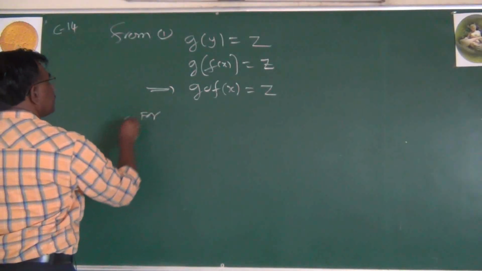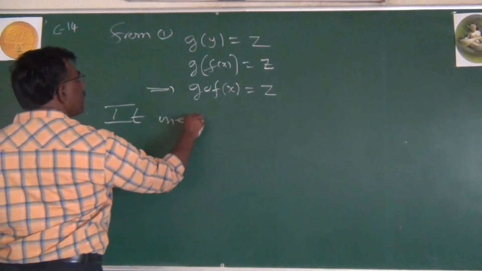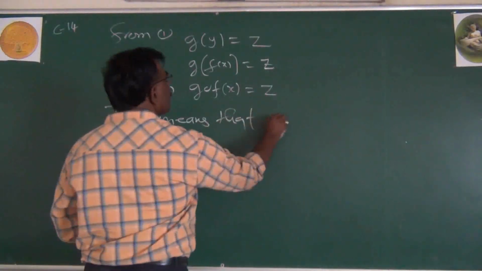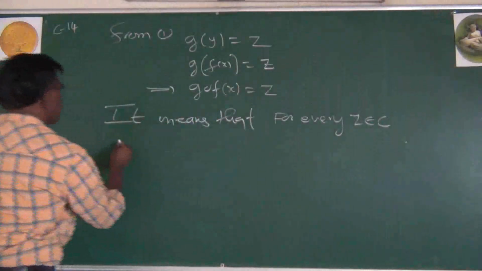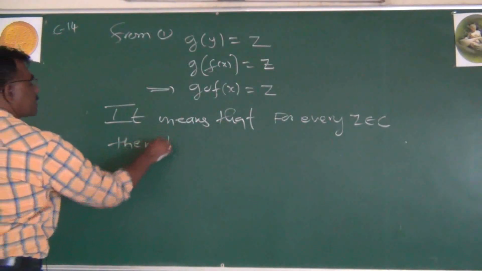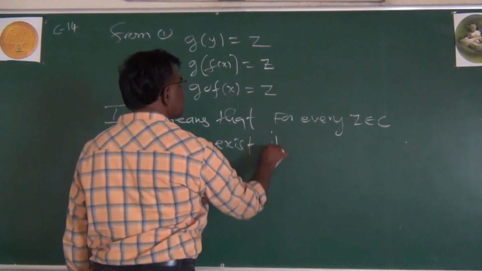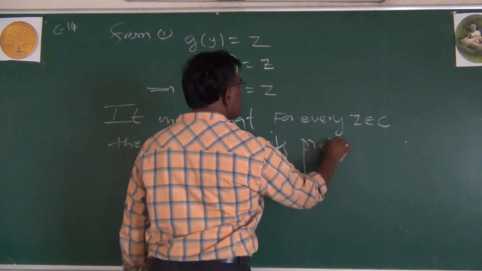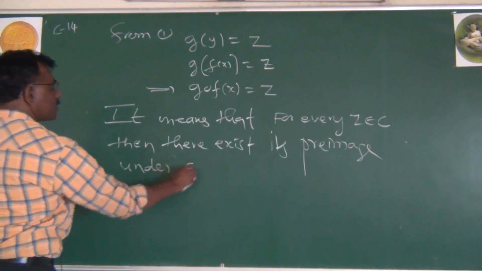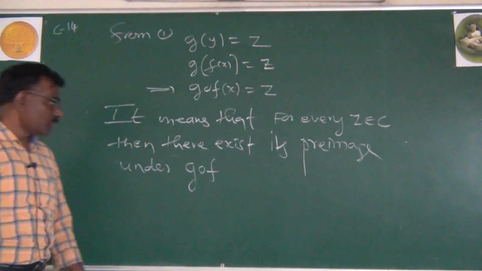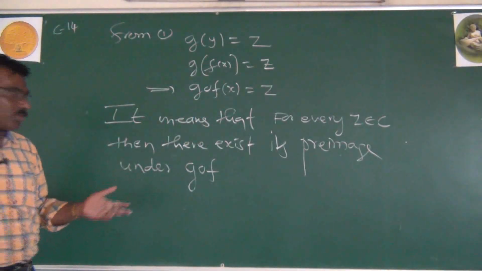So for every z belongs to C, then there exists its pre-image under g composition f.